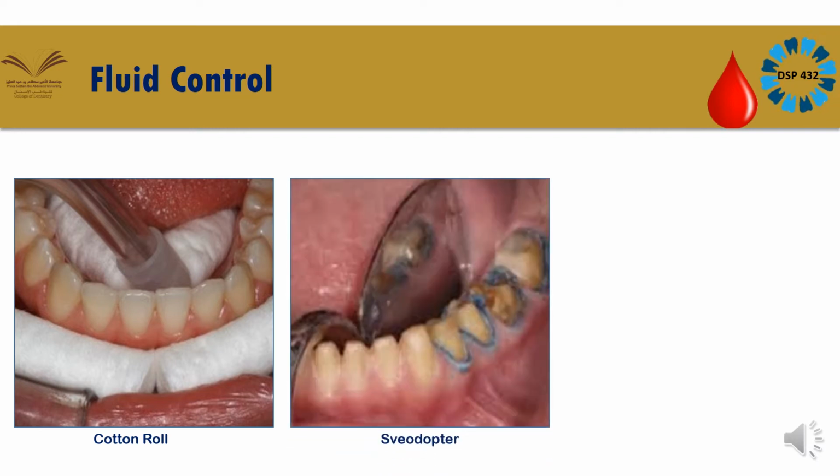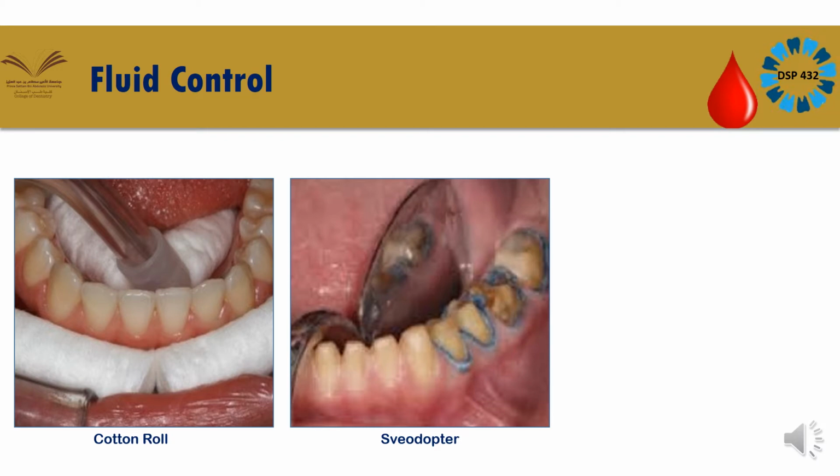The second method is only for the mandibular arch. What this device does is reflect your tongue, and along with the tongue retractor there is a device acting as a suction tip. So it is a combination of tongue retraction and a suction device. This is the second method to control the fluid.